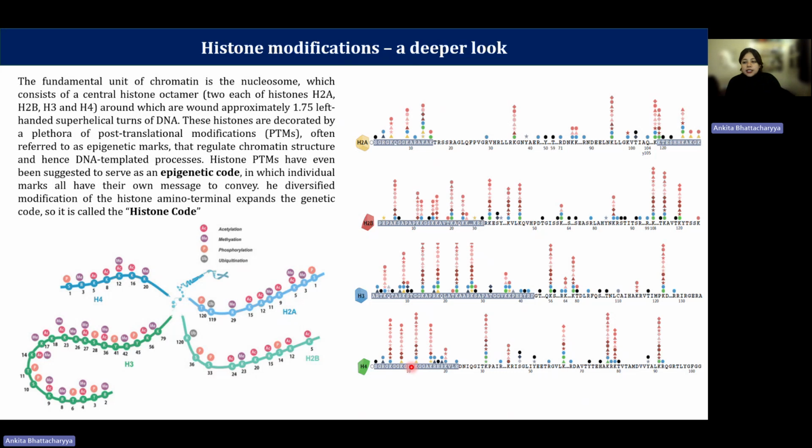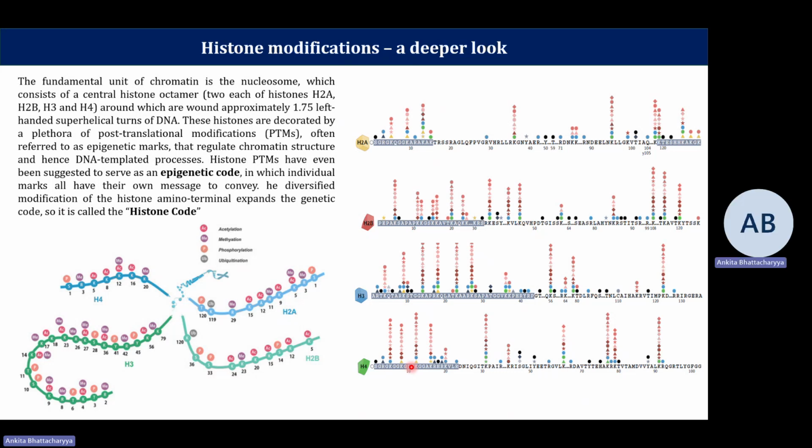So again, please keep in mind that different types or frequencies of marks and the effect they manifest can sometimes crosstalk with each other to amplify the signal a lot further.